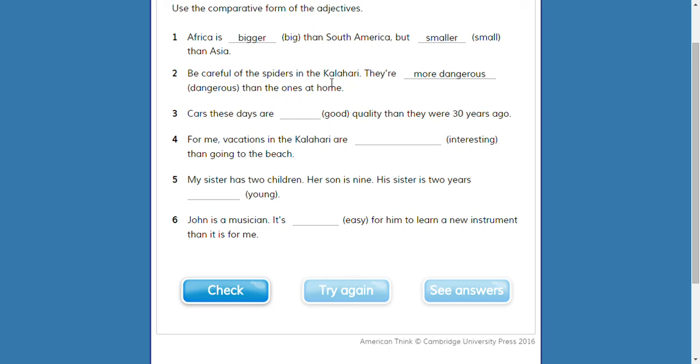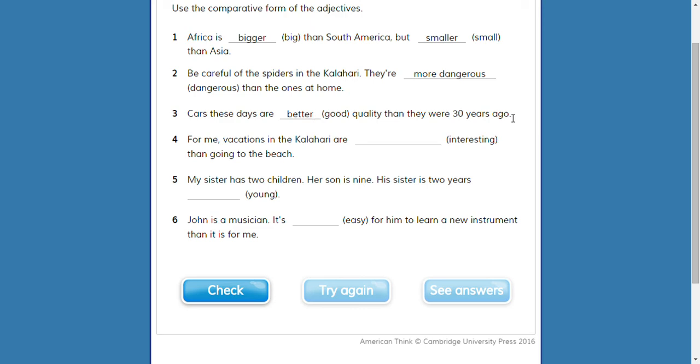Cars these days are, between brackets we have good. Yes, you're right. Good is an irregular one. Better. Cars these days are better quality than they were 30 years ago. So cars from now are better than cars from the past.